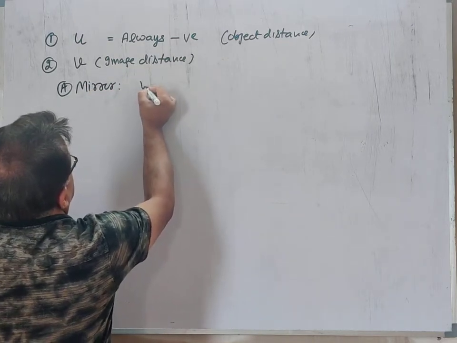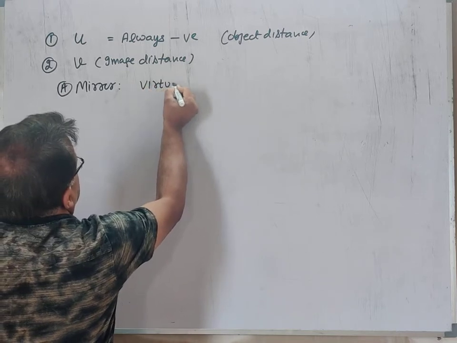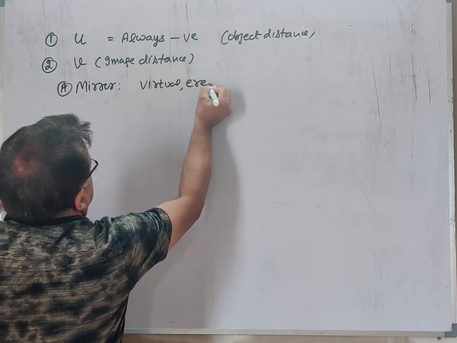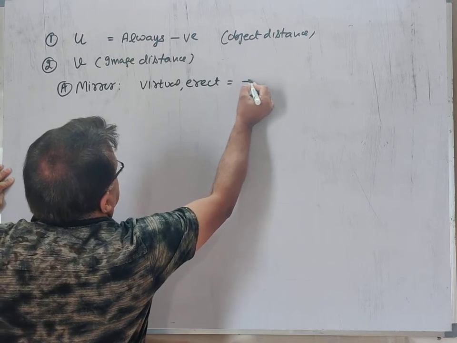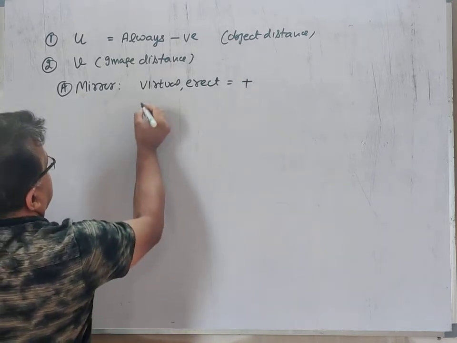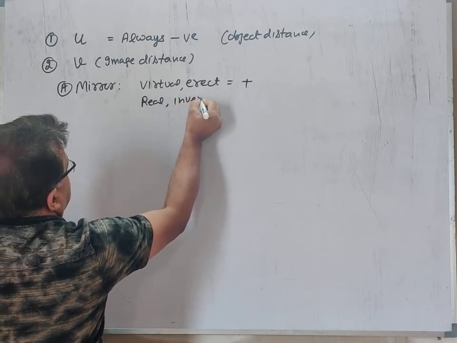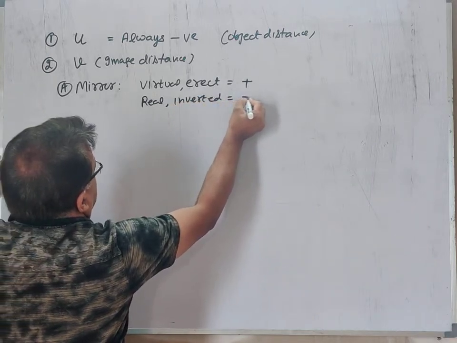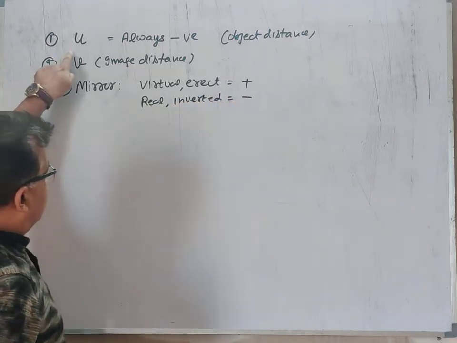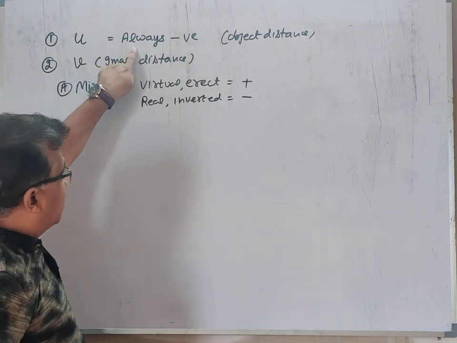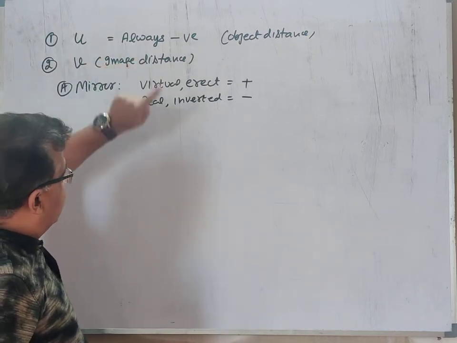If the image is virtual, that is erect, then v is always positive. If it is real or inverted, then v is always negative. U is always negative for all types of mirror and lens.